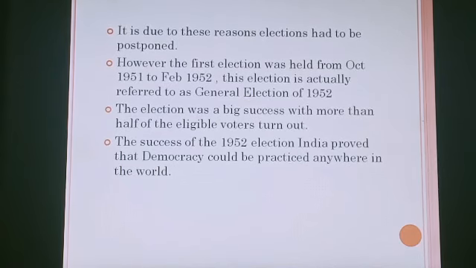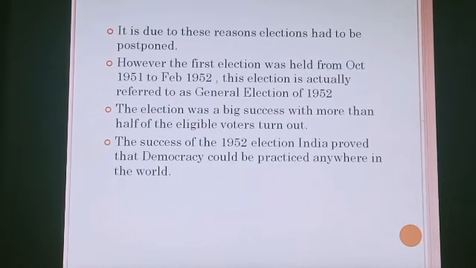However, from October 1951 till February 1952, election activities had started. It was called the general election of 1952 because most of the activities, the voting and the counting, took place in the year 1952. The election that was conducted then was a big success.